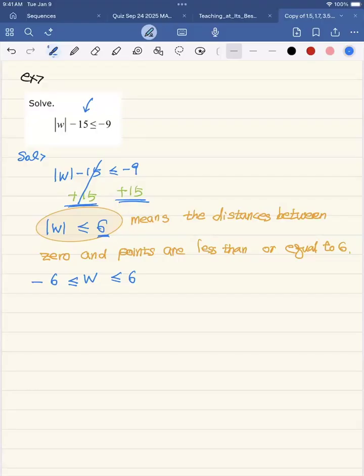This time, that means the distance between 0 and the points is less than or equal to 6. On the number line, this is 0, this is 6, and this is negative 6. The distance from 0 being less than or equal to 6 means we have to include all the points between negative 6 and 6. 6 must be included because of the equality sign below the inequality sign.